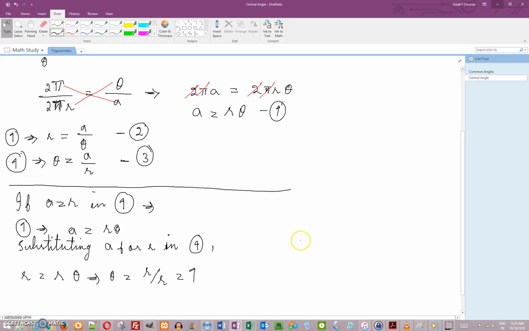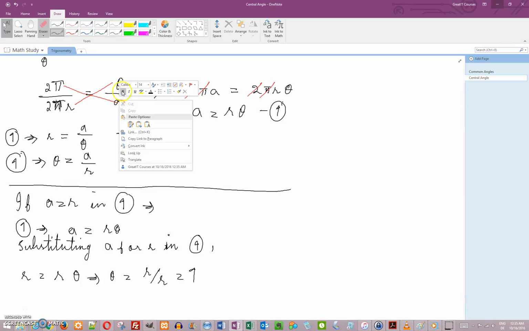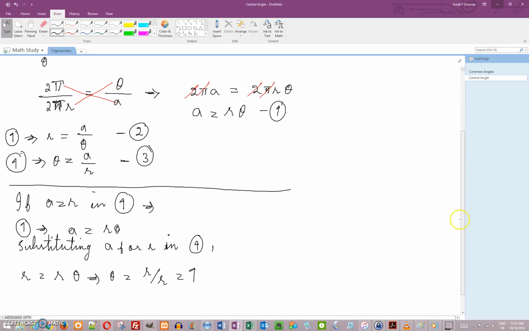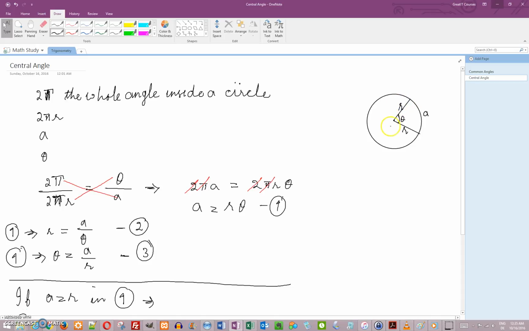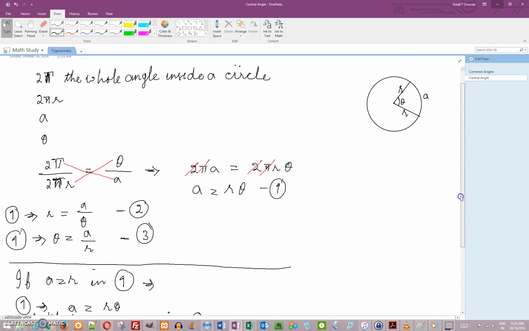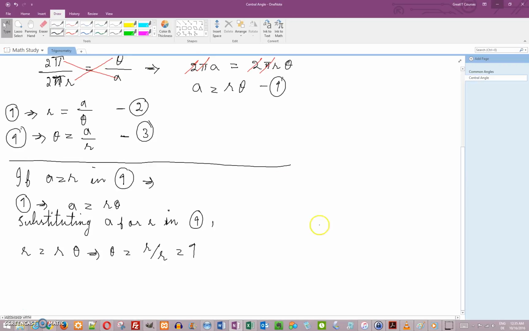It means that if I had only this portion of the circle that we were working on, it would be something like this. It's not very precise, but you get the idea.